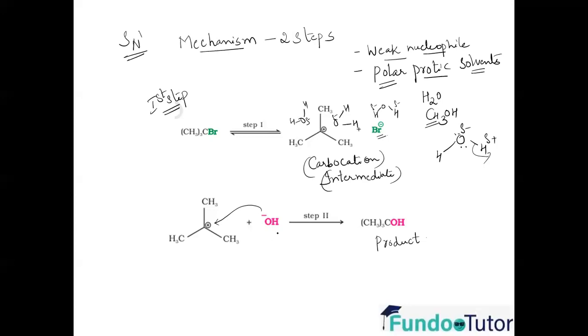Now, a weak nucleophile is enough because step 1 is the rate determining step, RDS, since this is a slow step. The rate of the reaction depends on the slow step, so the rate is totally dependent on the concentration of the substrate and not on the nucleophile. That is why a weak nucleophile is enough for the reaction to take place.